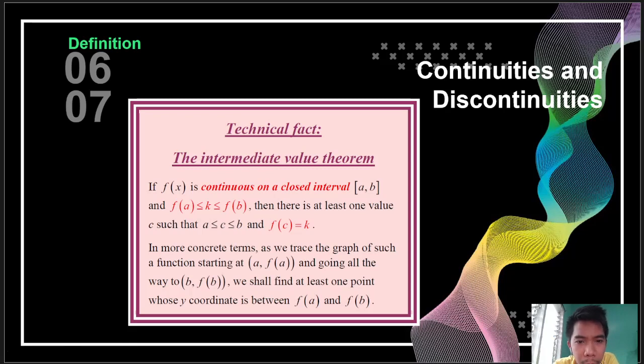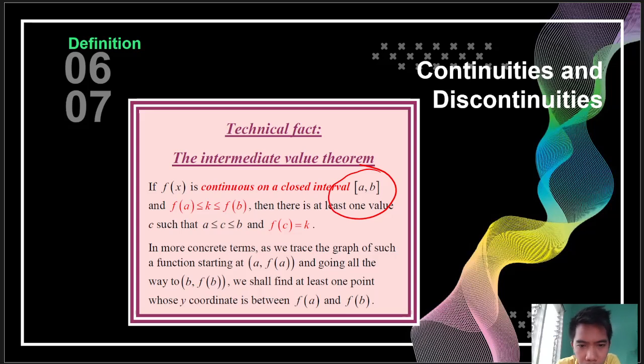If f of x is continuous in a closed interval, so we have discussed this partially on the domain of functions, so closed interval meaning bracket a, b, meaning if x is an element of [a, b], meaning a is less than or equal to x, such that x also is less than or equal to b, and f of a is less than or equal to k, and k is less than or equal to f of b, then there is at least one value c, such that a is less than or equal to c, and c is less than or equal to b, and f of c is equal to k.